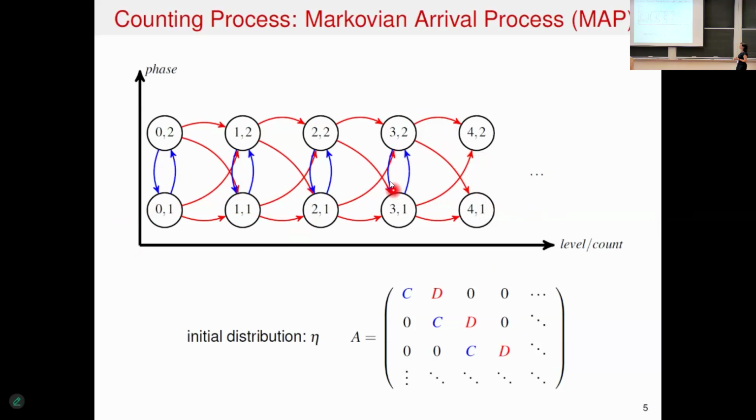The blue one shows transitions only between phases, and the red one shows transitions accompanied with an arrival. Looking at the matrix A in this case, we see that it has the structure of a bidiagonal matrix. The elements on the diagonal are the block matrices showing the transitions only between the phases, and the upper diagonal elements are all matrix elements of matrix D, showing transitions that are accompanied with an arrival, or the red ones that you can see in the figure.